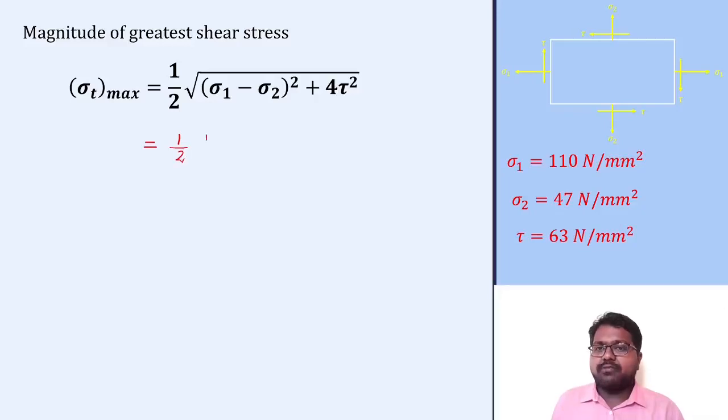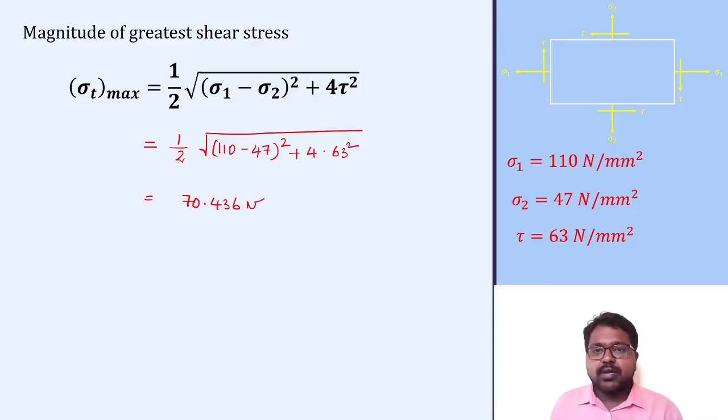That is half into the root of (110 minus 47) whole square plus 4 into 63 square. So here I got the value of maximum or greatest shear stress as 70.436 Newton per mm square.